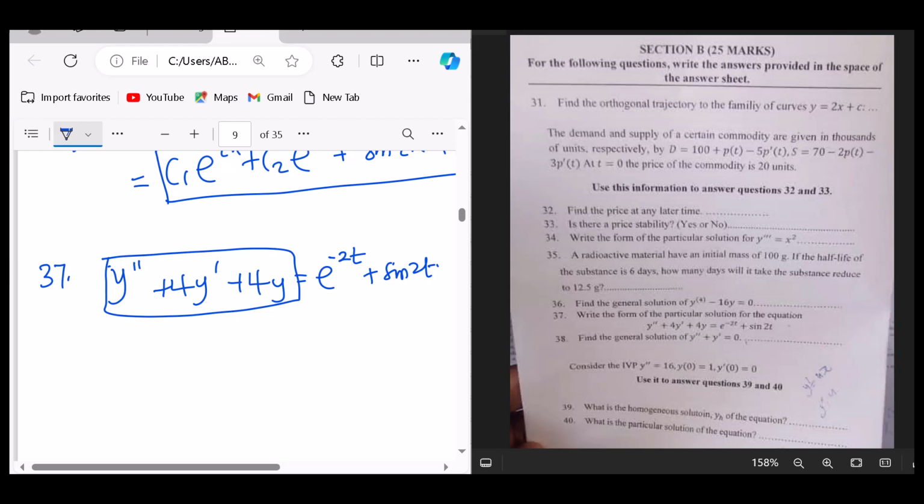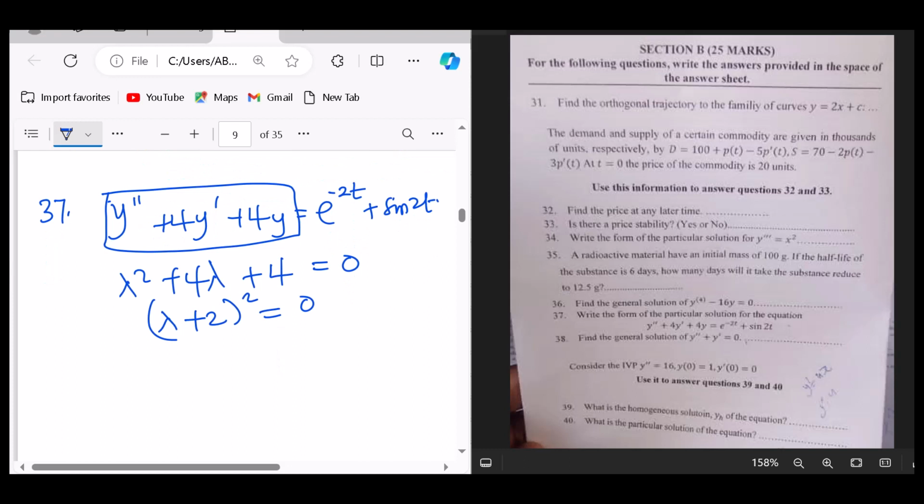So let's solve the homogeneous part. That will just be lambda squared plus 4 lambda plus 4 equals 0, so lambda plus 2 all squared equals 0. So lambda is equal to negative 2 with a multiplicity of 2.